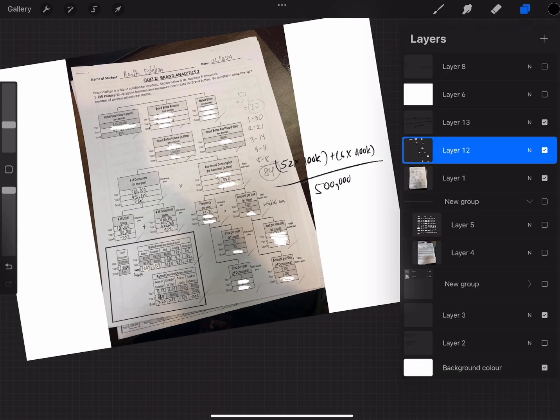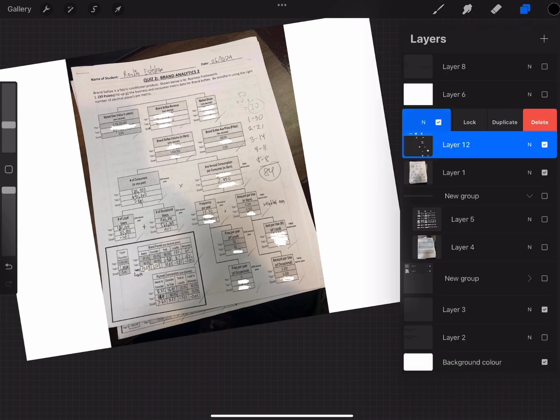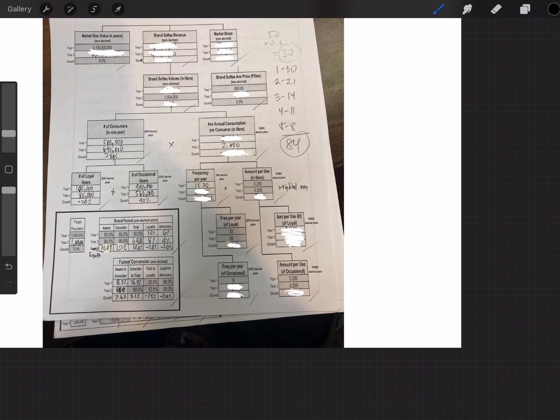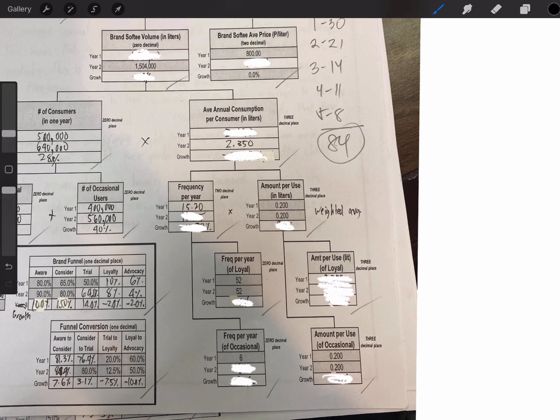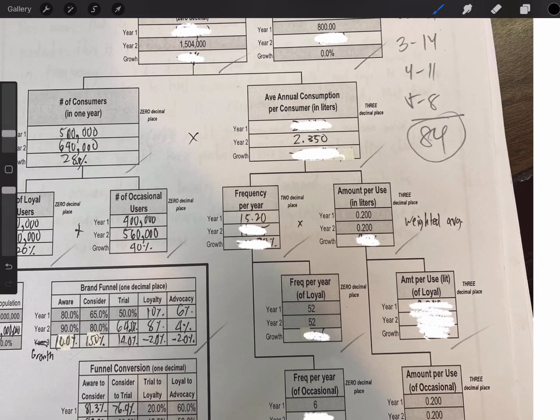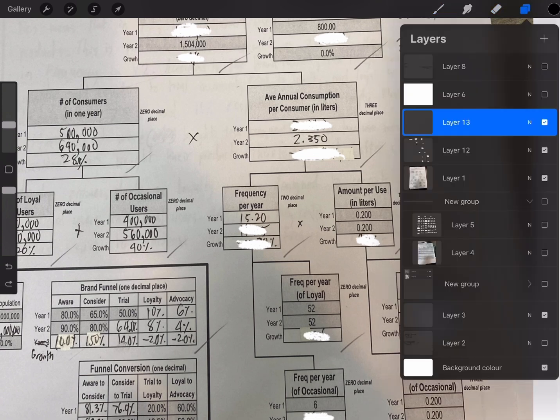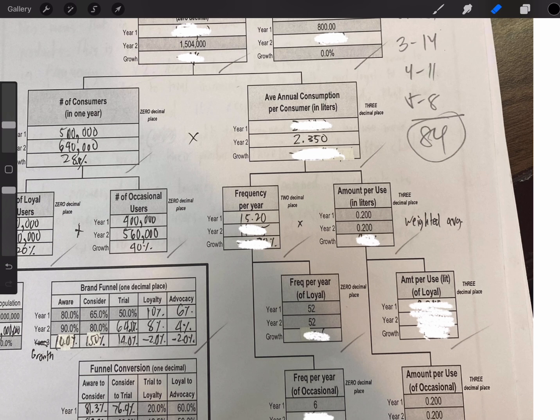So now that we have 15.2, we're going to do the exact same relationship that we established earlier with the multiplication sign: the frequency per year times the amount per use is equal to the average annual consumption. Following that logic, we can solve for year 1 as 3.040.